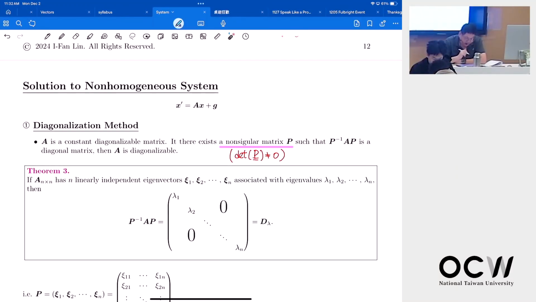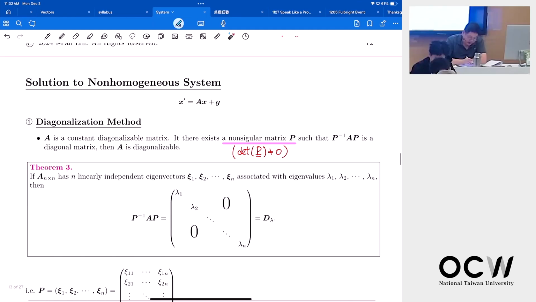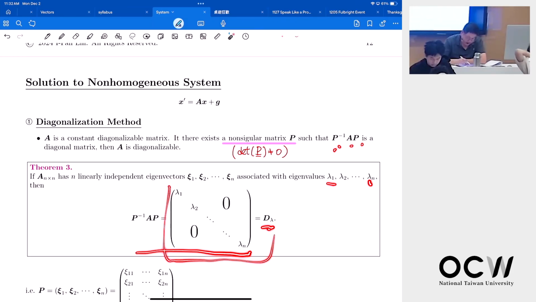Okay, so here is the theorem. An n by n matrix A has n linearly independent eigenvectors, C1 to Cn, with associated eigenvalues lambda 1 to lambda n. Then P inverse AP will be a diagonal matrix, and here is the diagonal matrix.